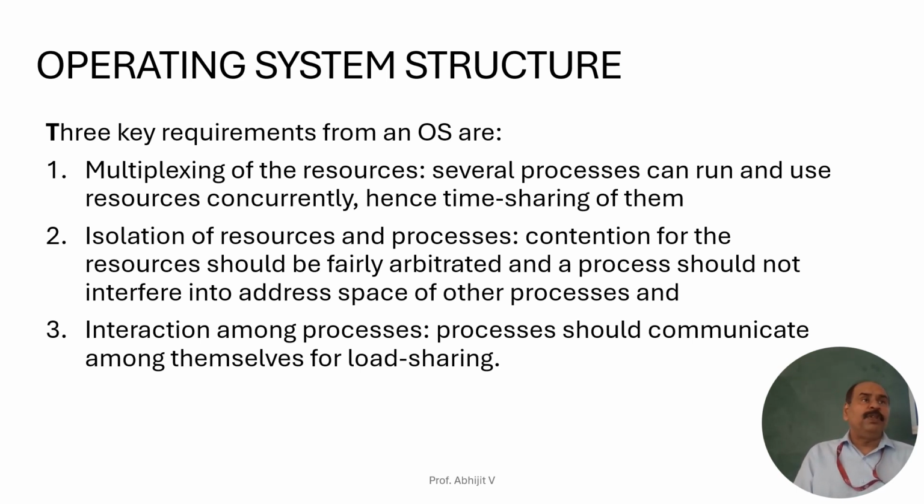Multiplexing of resources means we have a limited resource. Say we have only one printer, we have to use this printer for so many users, right? You have a resource, you have some memory space, you have some input output device, or any kind of resource. Multiplexing of resource means one resource being used by more than one user or process.